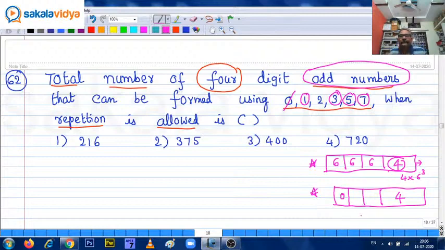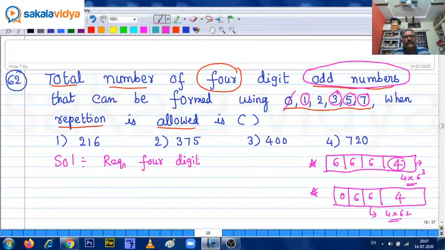Okay, now this can be filled 6, 6. So this is 4 times 6 square. But these are not actually 4-digit numbers, so from this we need to subtract 4 into 6 square. So the required 4-digit numbers equal 4 into 6 cube minus 4 times 6 square.